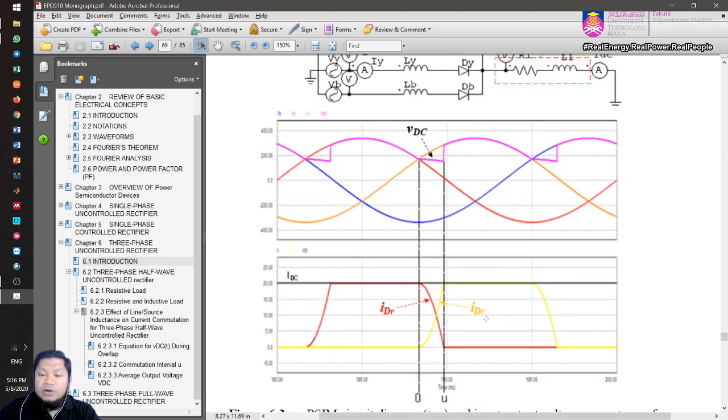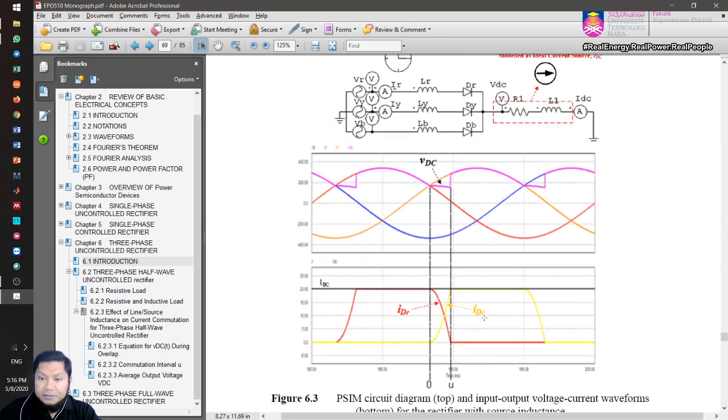So if you look at this point, as the yellow now becomes the highest voltage compared to the red phase, we can see that the red current starts to decay, starts to fall at a certain rate, and at the same time this should be yellow, this should be red.